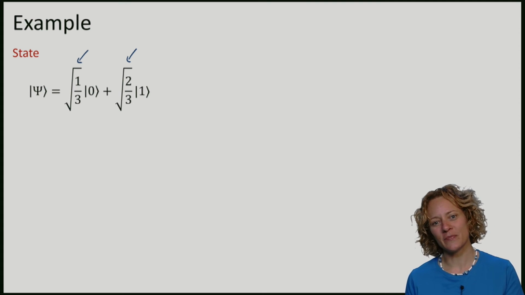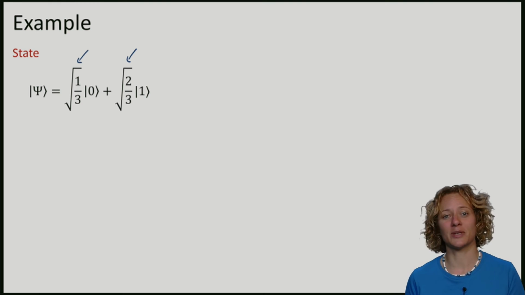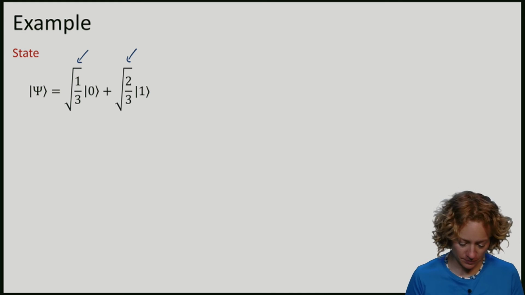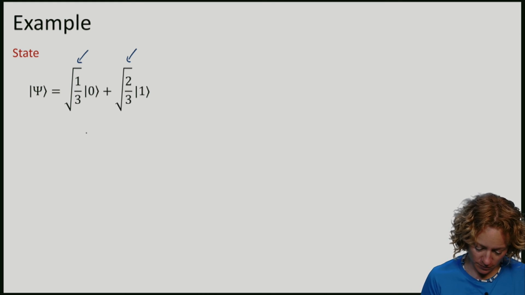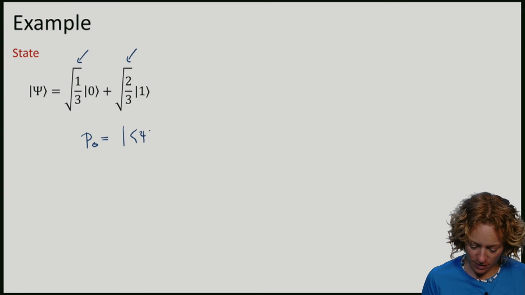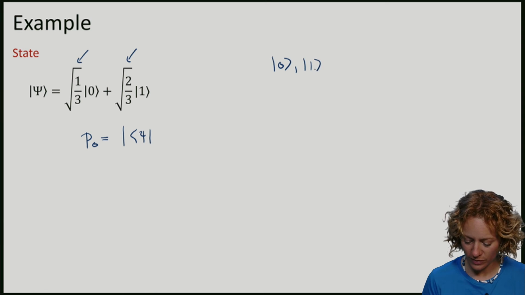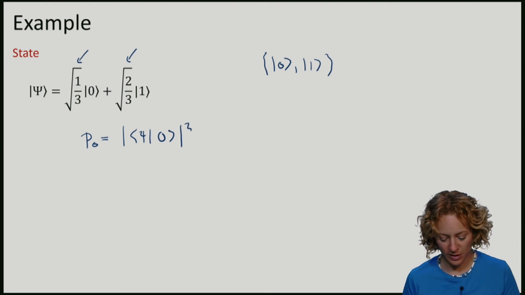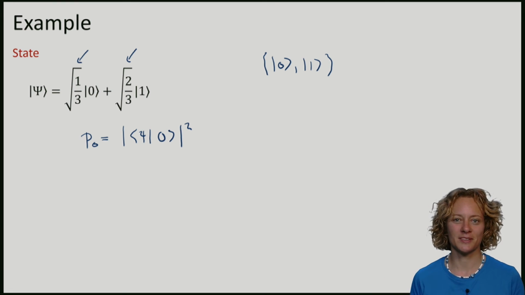Let's apply the rule to compute the probability that when I measure in the standard basis, I get outcome 0. So let me take the psi, and here I will measure in the standard basis actually, which is again just the basis, but I will choose it here for convenience.